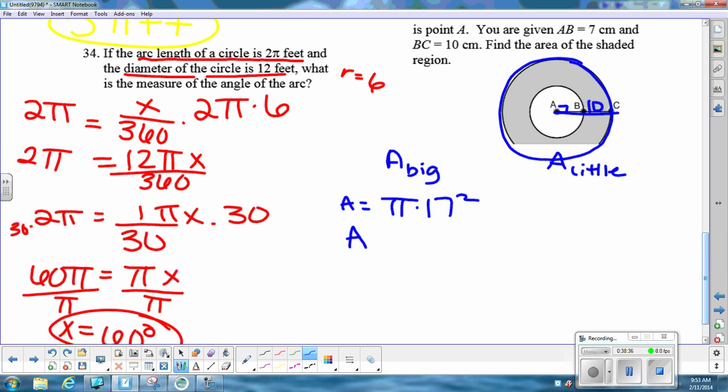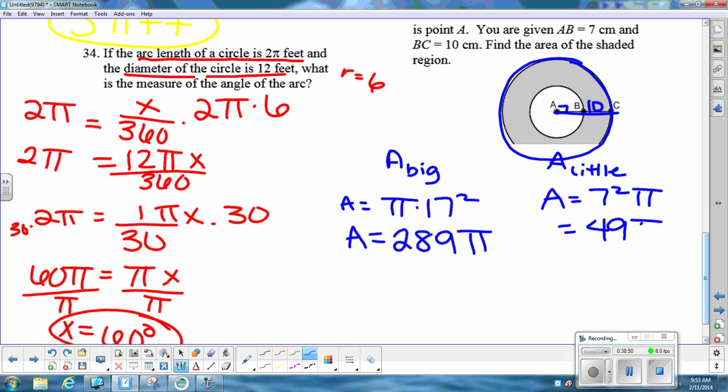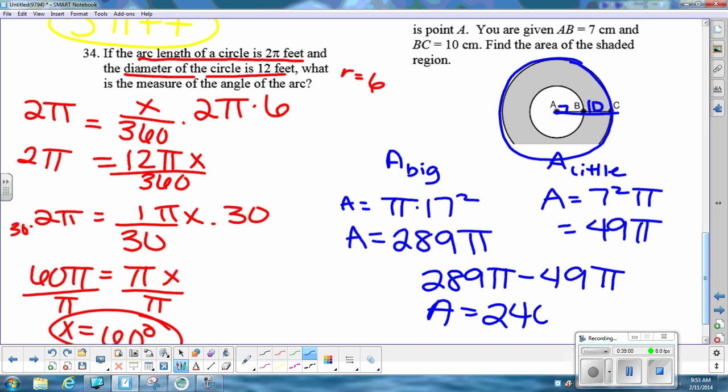So our area is 289 pi. For our little circle, our area is 7 squared pi. So that's 49 pi. And then just subtract the two. 289 pi minus 49 pi. So our area is 240 pi centimeters squared.